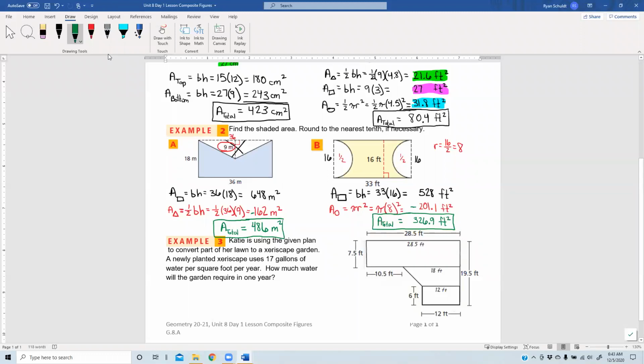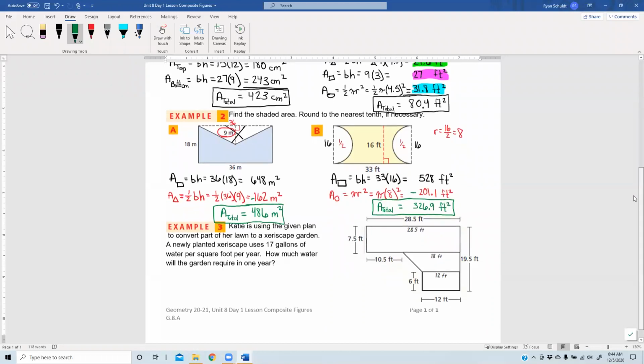So the first ones, we added them all together. These, we said it'd be easier to subtract things out instead of trying to add. Okay, last example for the notes.